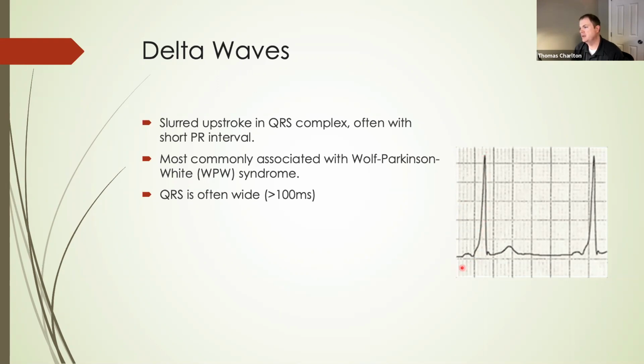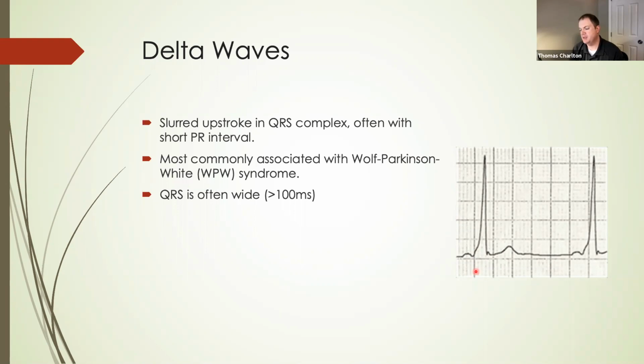So it's that slur, that curving that you get to the QRS complex initially, that is the delta wave. The QRS will often be reported as wide because it's measuring from here to here. But if you look, the majority of the QRS complex is actually fairly normal. It's just this initial phase that is oddly slow, and so it gets this slurred response. So that's what a delta wave shows.